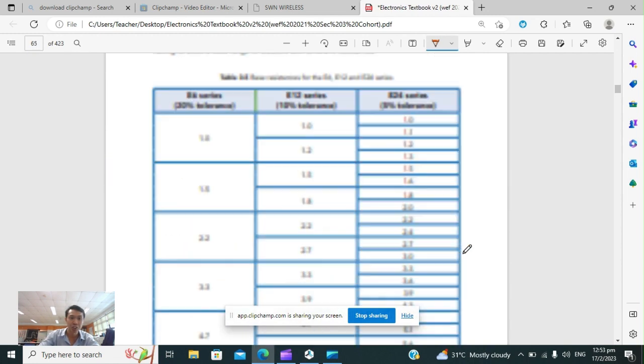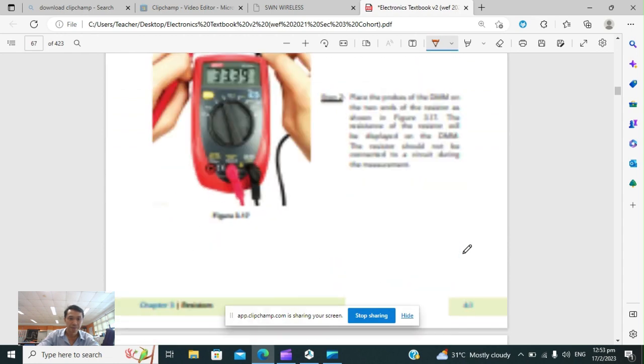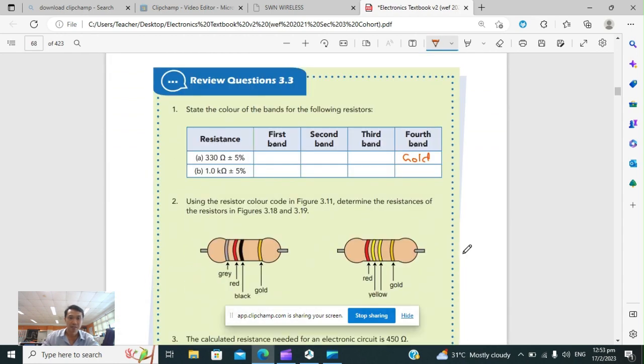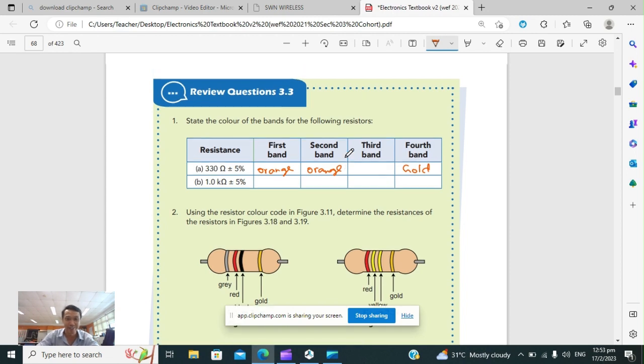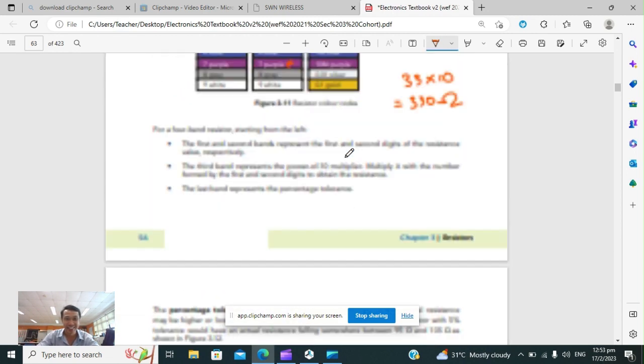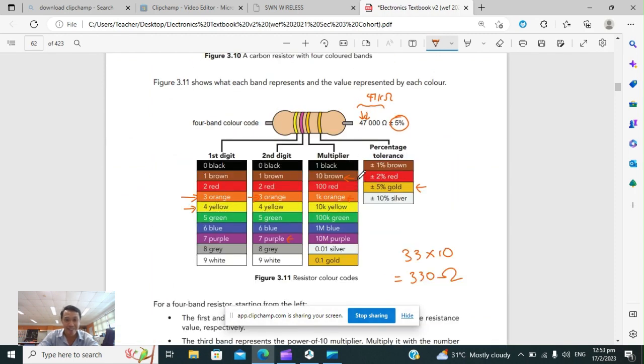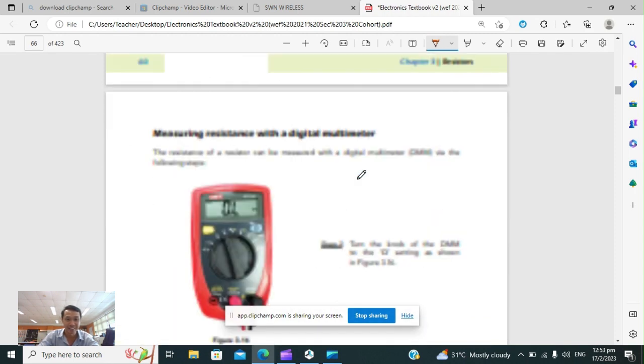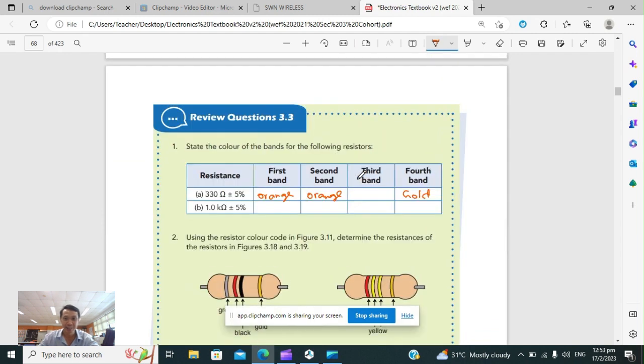So I go back to my review question here. I know it is orange, orange. Oh, I forgot what color the times 10 is. Let me do a quick scoot up. Brown. Okay, brown. And then I write down brown.